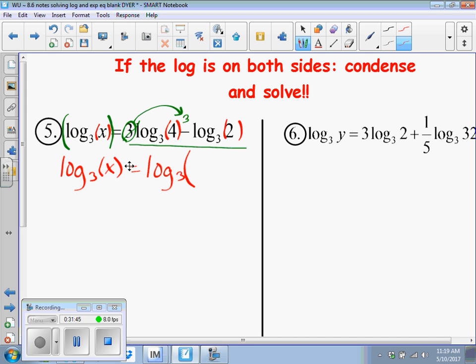Do I do times 2 or divided by 2? Divided by 2, because of the subtraction sign. So that's 4 to the third power divided by 2. Now we're going to simplify that. 4 to the third power divided by 2. You guys tell me what that is. Very good. That's 32.